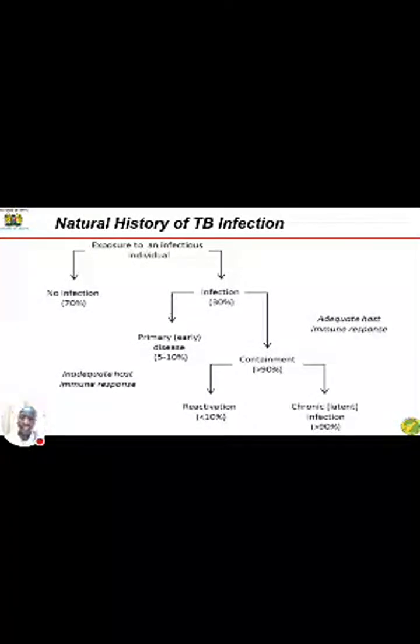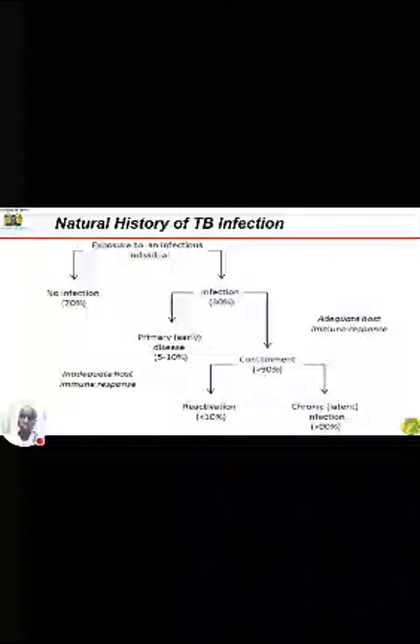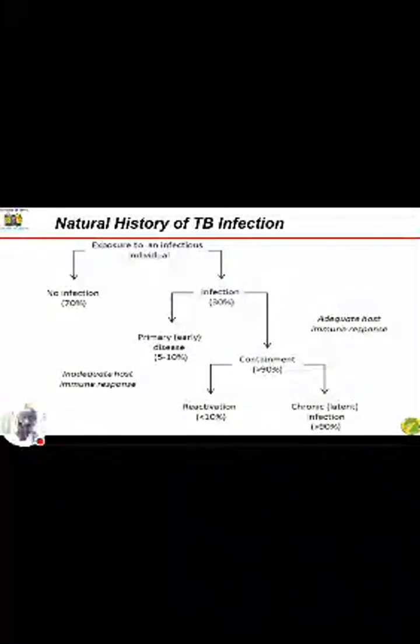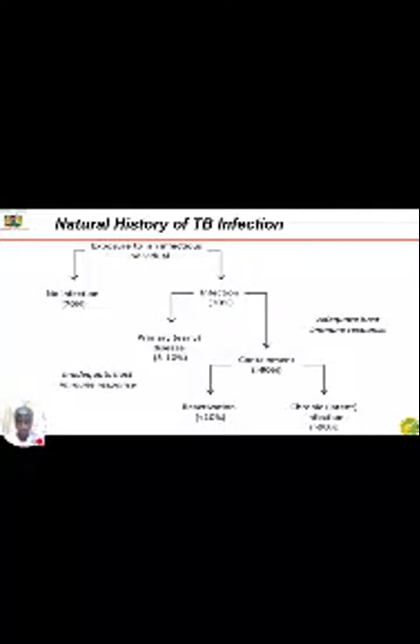And of those who acquired the bacteria, containment, these are people who got latent TB. Someone who acquired latent TB after exposure is 90%. Why? It's because of the good immunity or adequate host immune response.